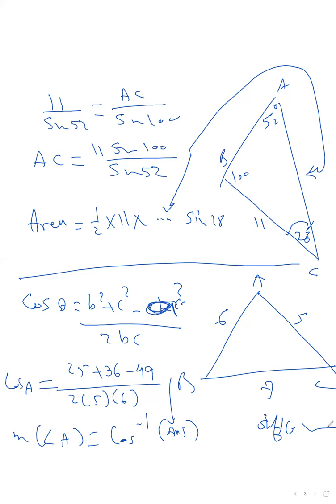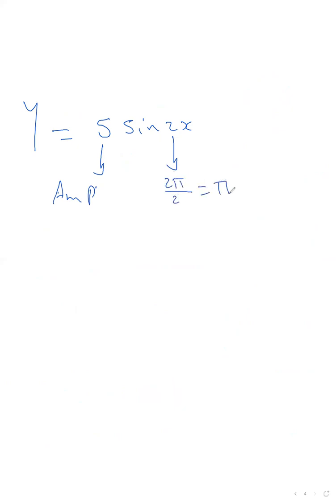What about the amplitudes? If you have y equals 5 sine 2x, the amplitude is 5, and the period is 2 pi divided by 2, which is pi.